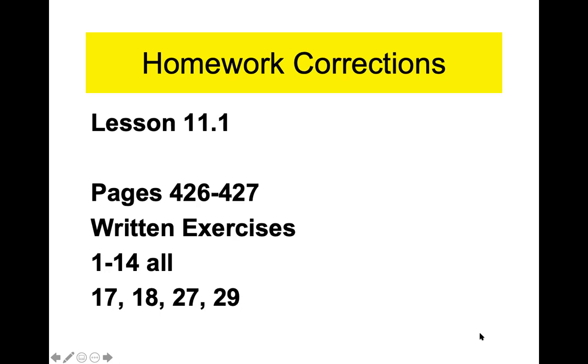Number 12, area is x squared plus 5x square units, and the perimeter is 4x plus 10. Number 13, the area is a squared minus 9 square units, and the perimeter is 4a units. And 14, the height is k plus 3, and the area is k squared plus 10k plus 21 square units.